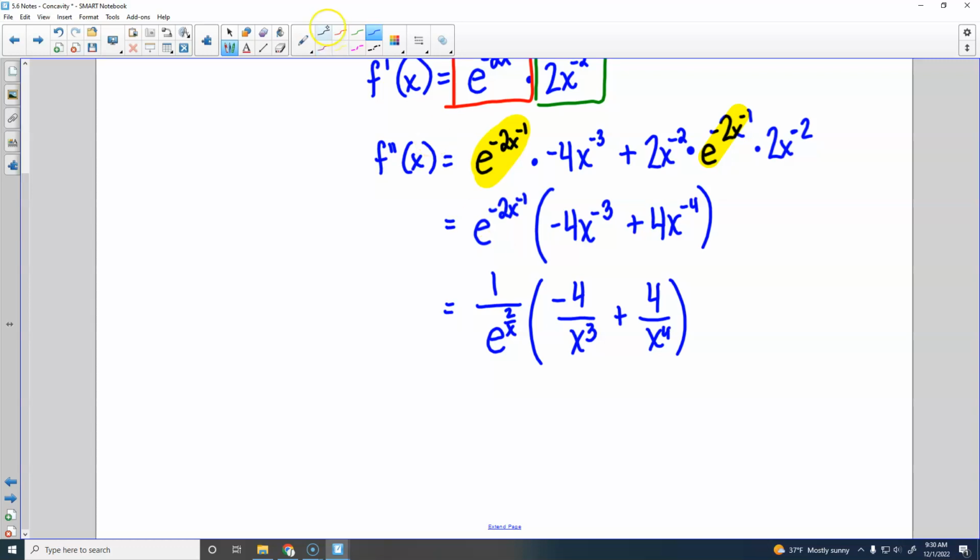Probably common denominators right here. So if I multiply by x on top and bottom here, I'm going to get negative 4x plus 4 over, I'll have the e to the 2 over x and the x to the 4th here.